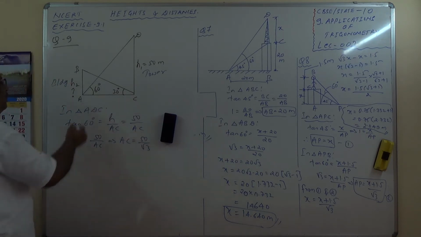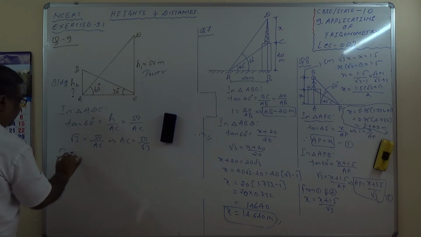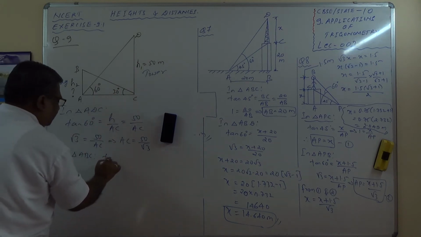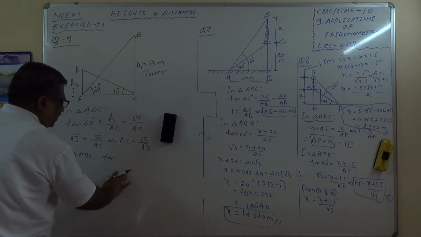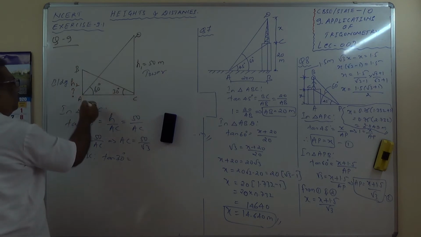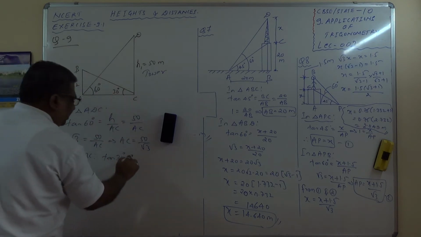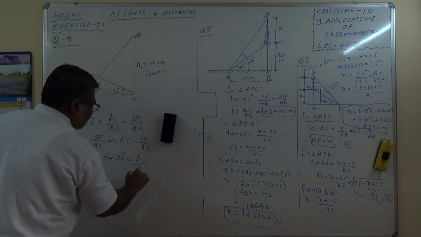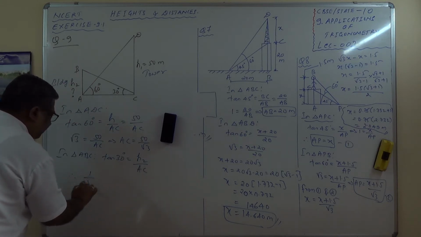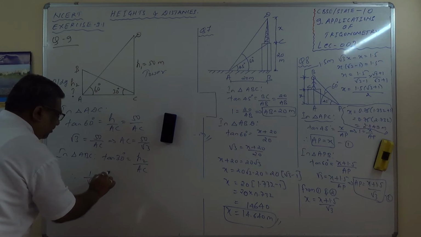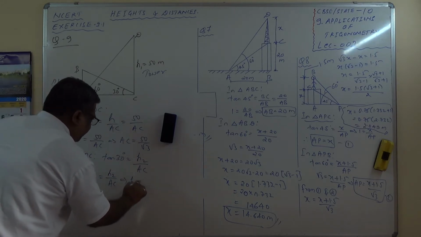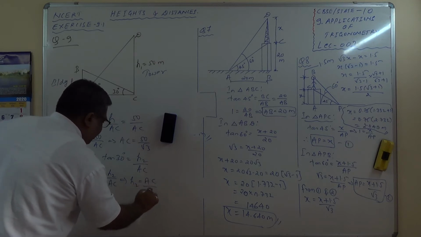AC I got. In triangle ABC, tan 30 degrees is equal to H2, which is the height of the building, divided by AC. Tan 30 is 1 by root 3, so 1 by root 3 equals H2 by AC, which implies H2 equals AC by root 3.